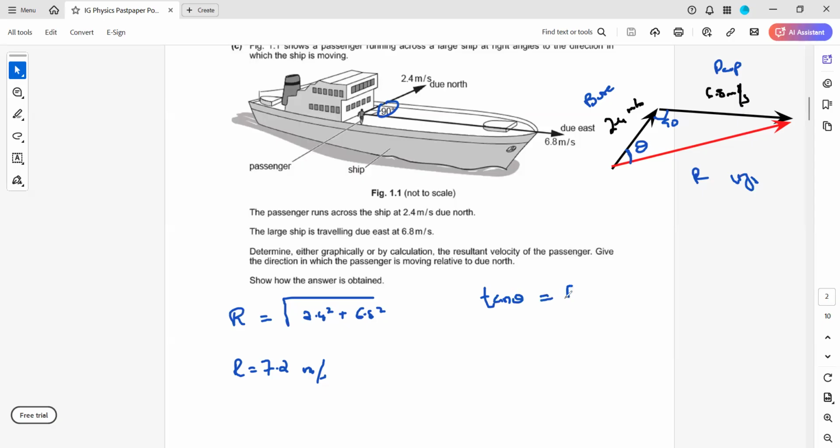Tangent theta is perpendicular divided by base. The perpendicular is 6.8 and the base is 2.4. So 6.8 divided by 2.4, what's the answer? First work out 6.8 divided by 2.4.